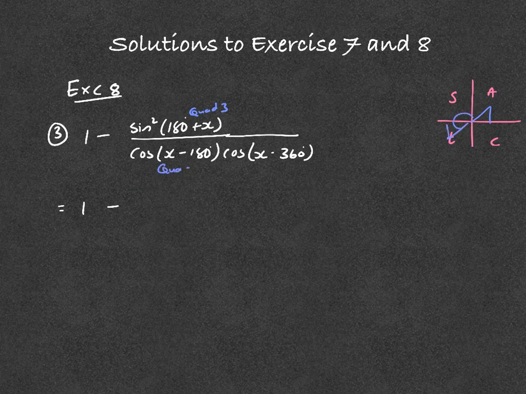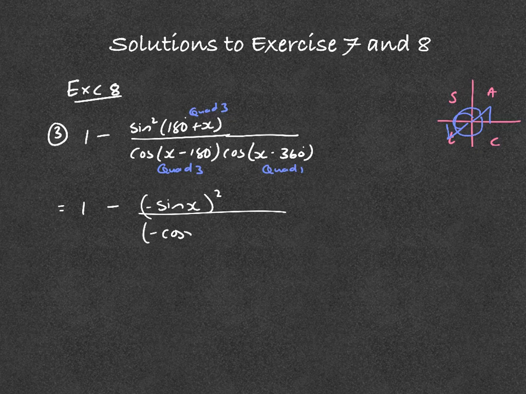X minus 180 is quadrant 3 as well. And then x minus 360 is in quadrant 1. So what do you have? We've got minus sine squared x over minus cos x times positive cos x.